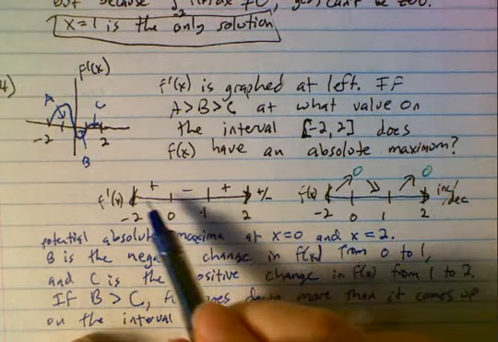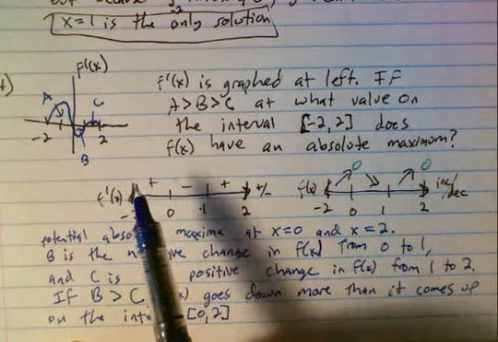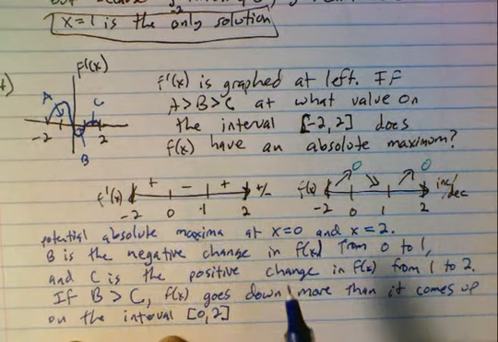So if f of x goes down more than it comes up, that means that the point f of 0 is greater than f of 2.